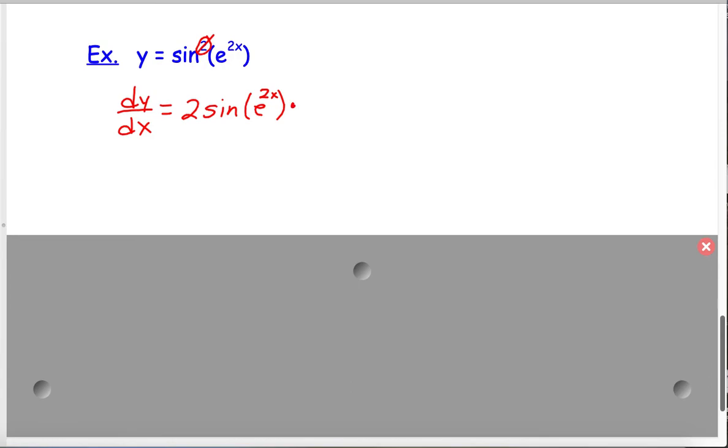Next, chain rule says times the derivative of the next thing. The next thing is the sine function. And so that's going to be the cosine of whatever. So now I've taken care of the sine. Next, I have e to something. What's the derivative of e to something? It's e to something. Taking care of the e function. Finally, times the derivative of 2x. That's just 2.